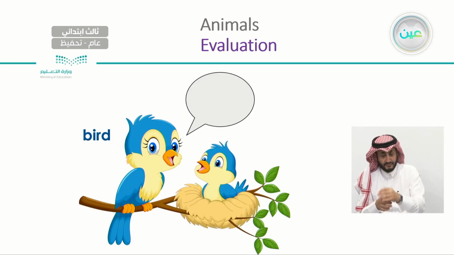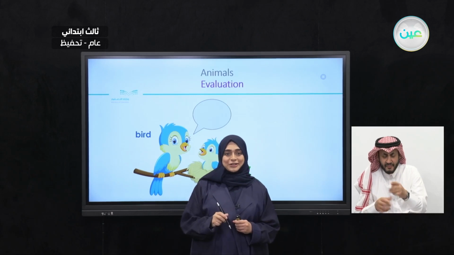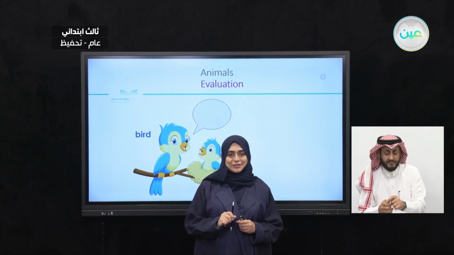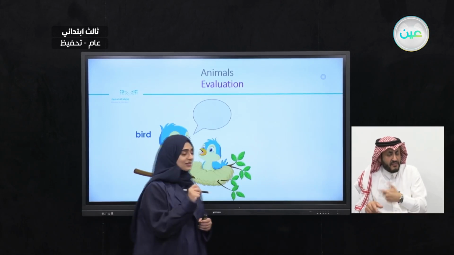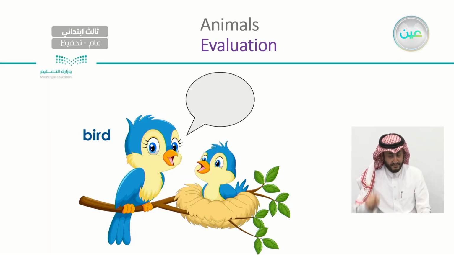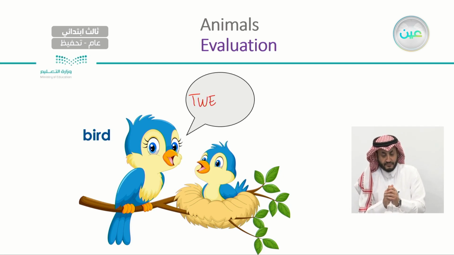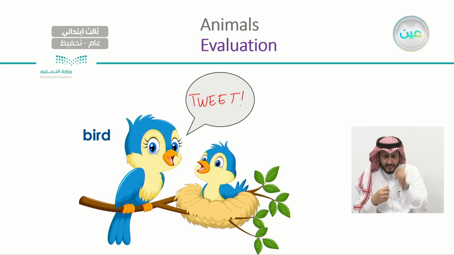Now you will find this in your book. Try not to look. Can you remember the sound of a bird? Tweet. Excellent. Let's write tweet together. There's another name for a bird sound. Do you remember what it is? So this one is tweet.